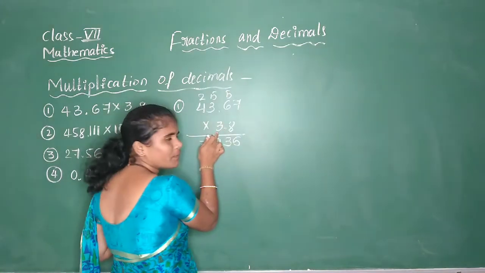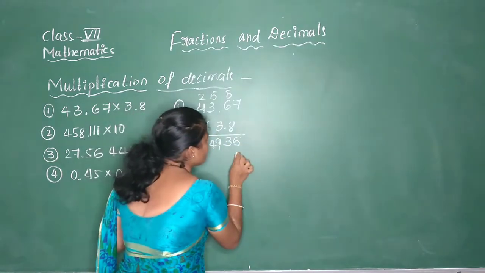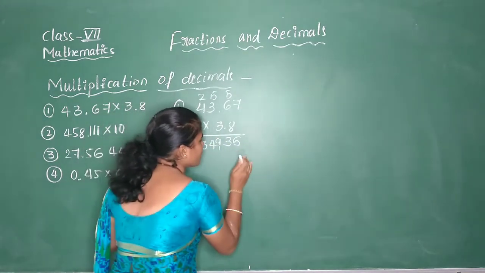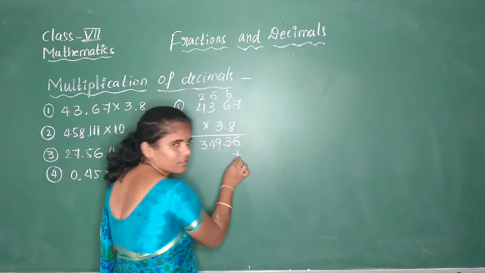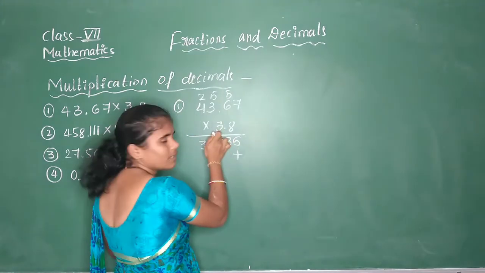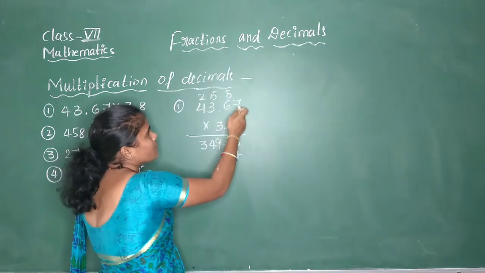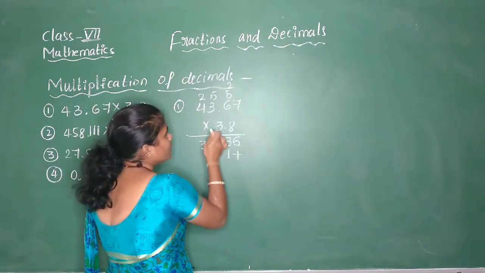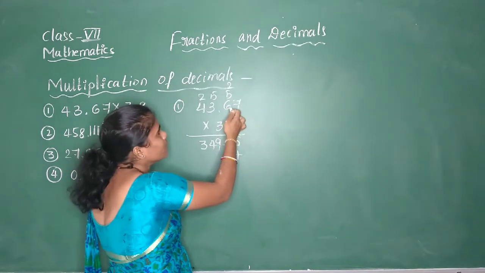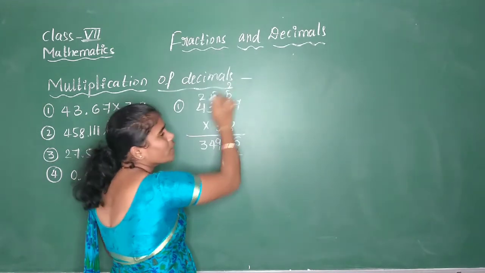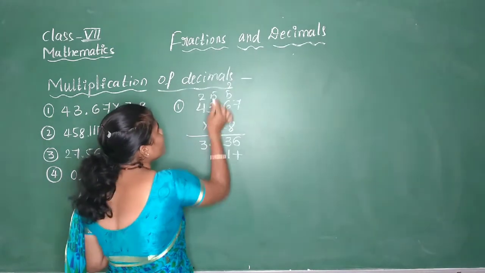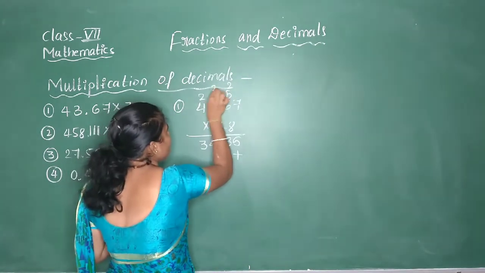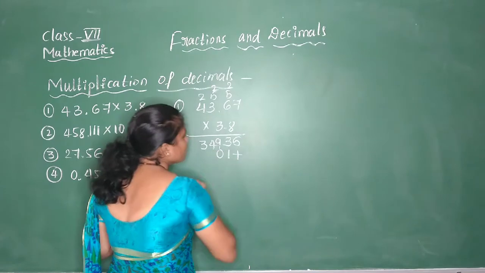Next, we have to multiply by 3. Put a plus sign here, in the ones place we have to put the plus sign correctly. Next by 3: 3 sevens are 21. Next 3 sixes are 18, 18 plus 2, 20.